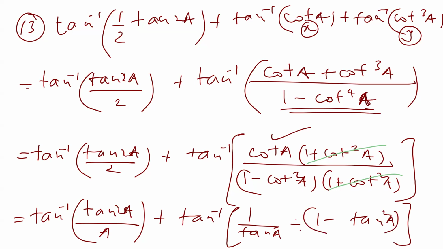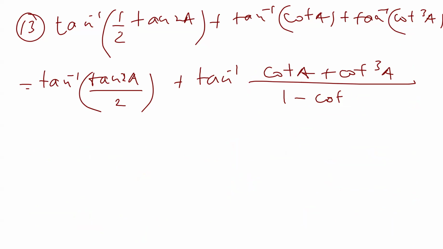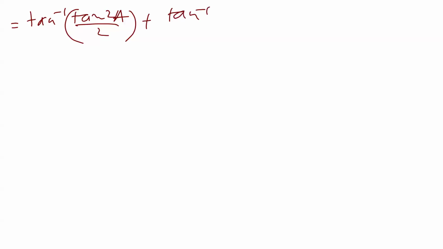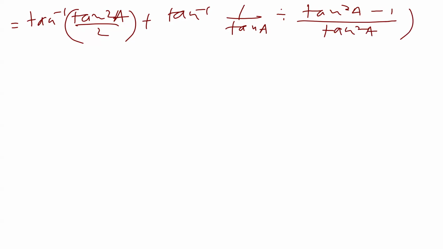Sorry, 1 minus 1 upon tan square a. So tan inverse of tan 2a by 2 plus tan inverse of 1 by tan a divided by tan square a minus 1 upon tan square a.